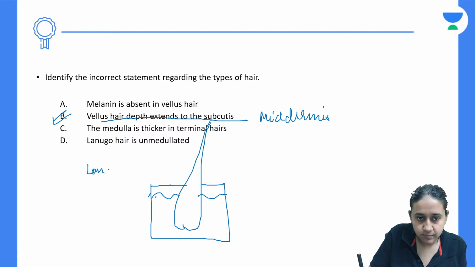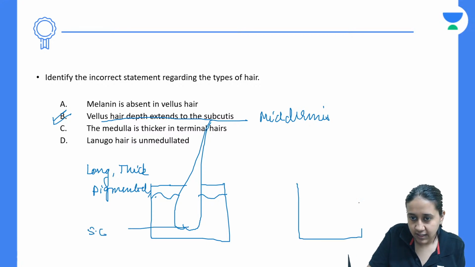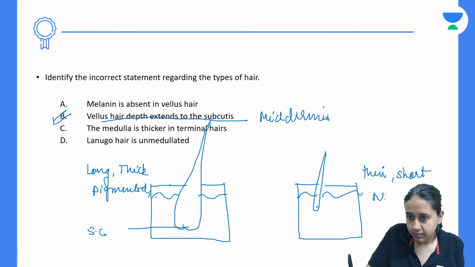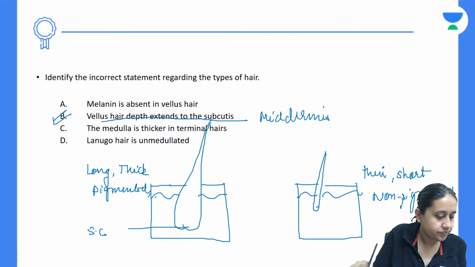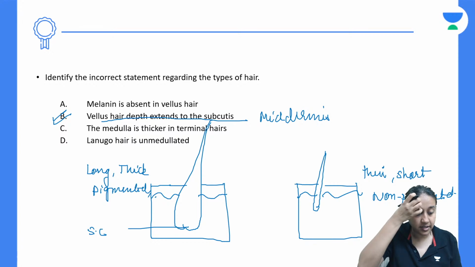They are long, they are thick, they are pigmented. They reach up to the subcutis, while vellus hair are thin, short, non-pigmented.